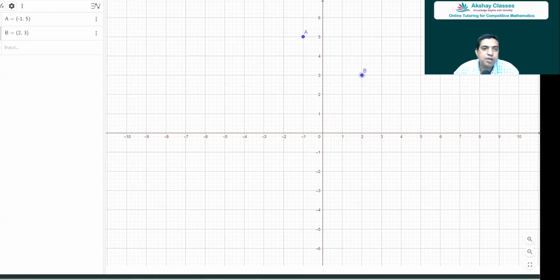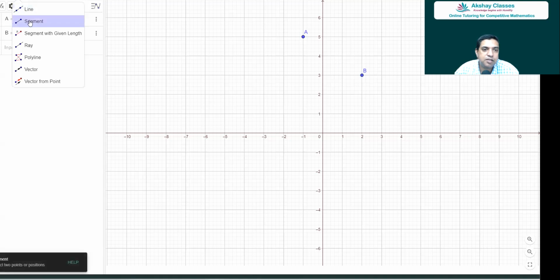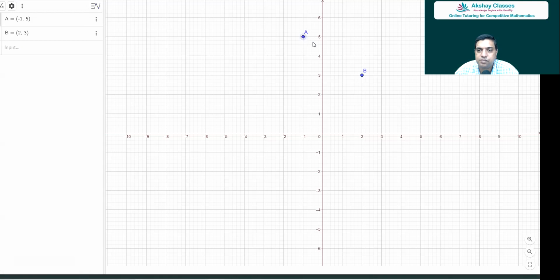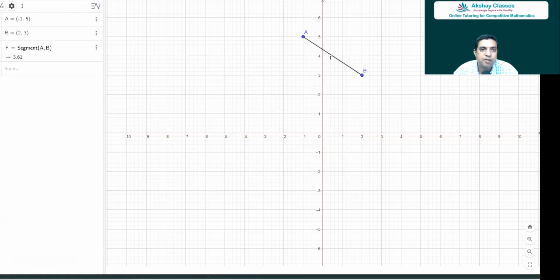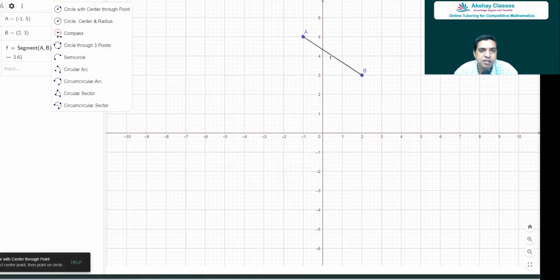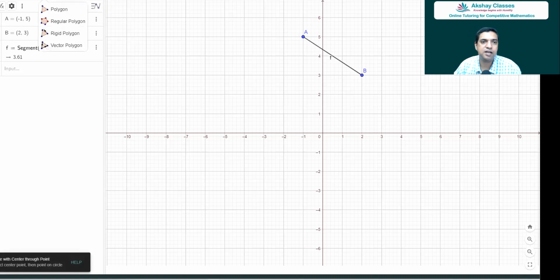Now I draw a line segment. Now I have to draw a circle. All right, midpoint. Point which makes an angle.